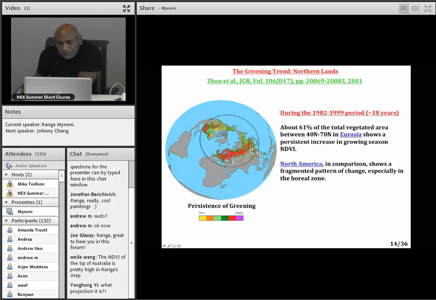And in comparison, in North America, the boreal region already seemed to show a fragmented pattern of change. So we already noticed at that time that there was some asymmetry developing between these trends in greenness increases between Eurasia and North America, my apologies.